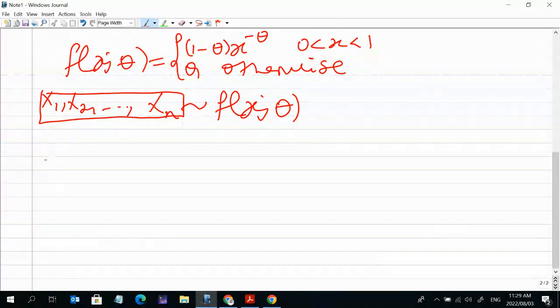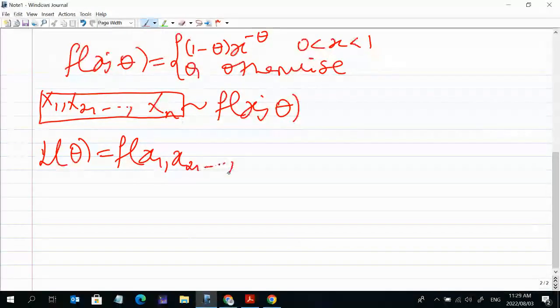So we are going to find the joint function, which is the likelihood function, L of x1, x2 to xn, theta.